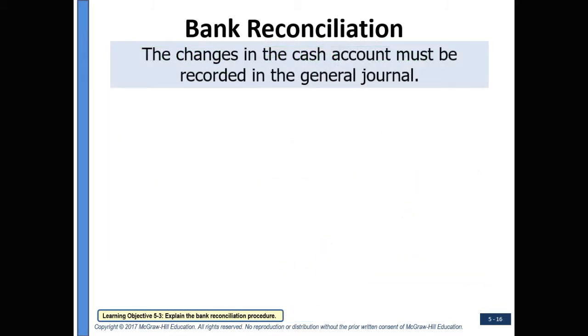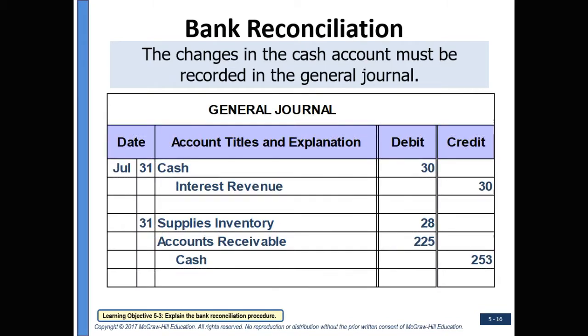The changes in the cash account then have to be recorded in the general ledger. The interest revenue increased the cash account by $30. The cash account is debited for $30 and the interest revenue account is credited for $30.